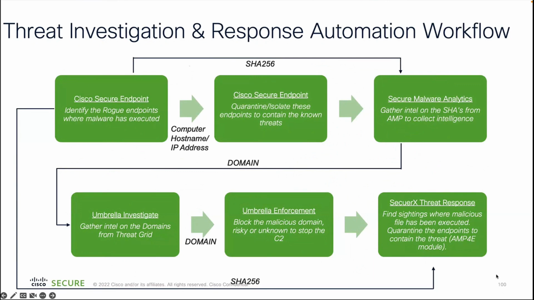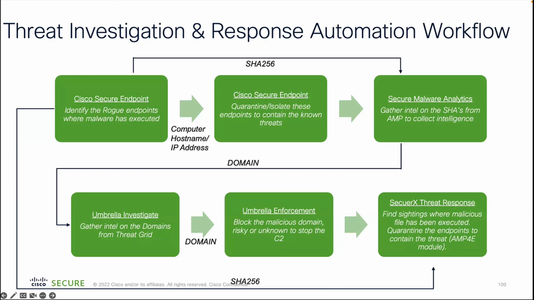But then we walk through the specific use case we will be looking at today. We are looking at a Secure Endpoint event, which shows that there has been a malware execution attempt on the endpoint. We will take information about that malware file hash, and we will query our sandbox and malware analytics platform, Secure Malware Analytics, to find a report about this sample. From that report, we will find out network activity details about IPs and domains that this malware is trying to reach when it's executed.